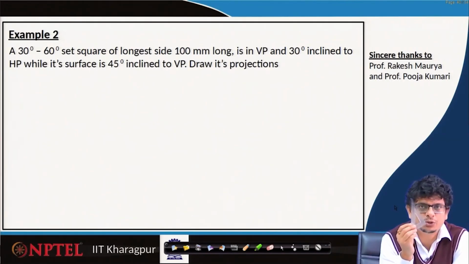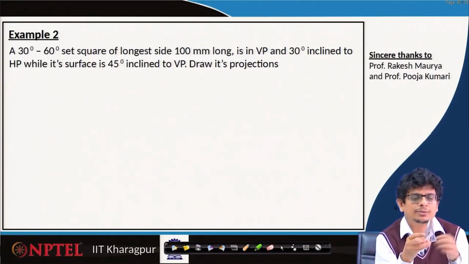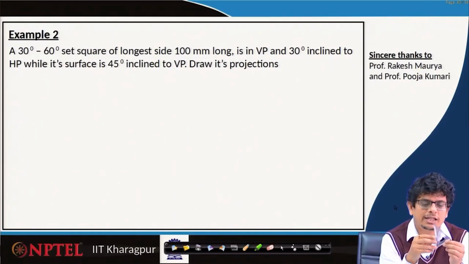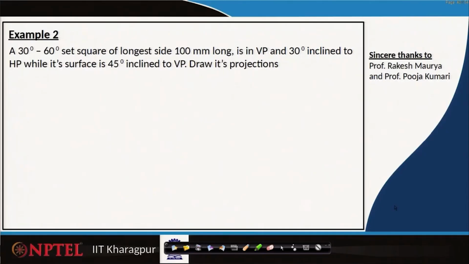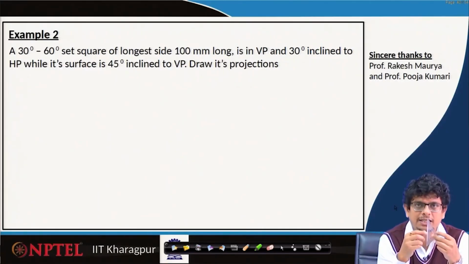This set square is a two-dimensional object for our simplification, and let us assume that the longest side has 100 mm length, 10 centimeters, and it is in the vertical plane. The longest side is inclined 30 degrees to the horizontal plane, while its surface is 45 degrees inclined to the vertical plane.